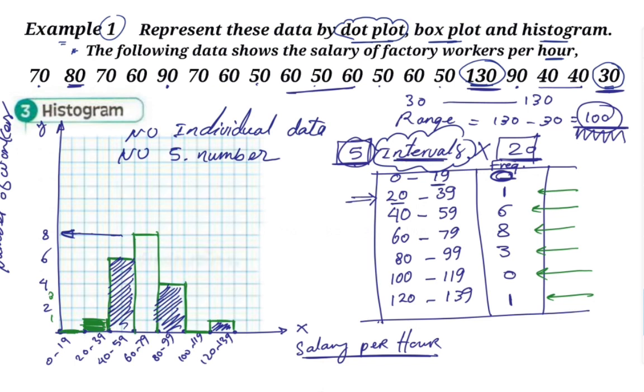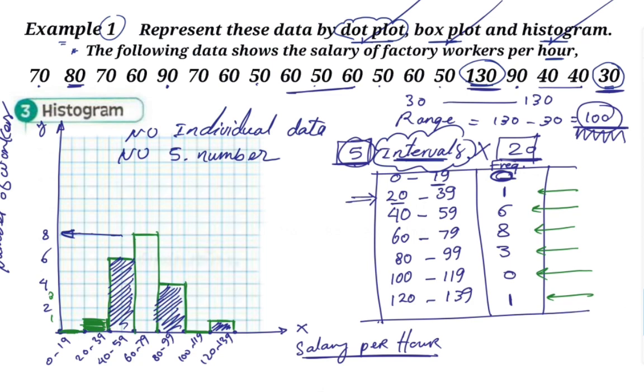Use it for what? For intervals. And now we finished example number 1 by plotting dot plot, box plot, and finally histogram. Now we have example number 2 and some questions to check your understanding.